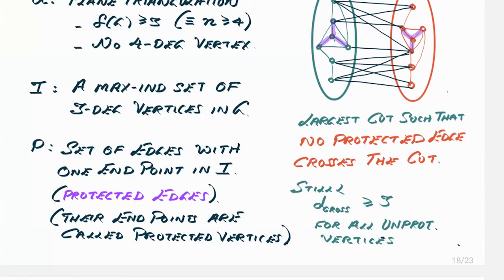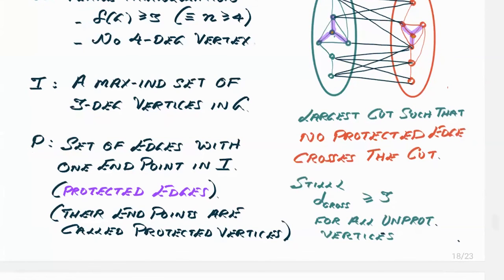Since that vertex is not incident on any protected edge, this shifting is legal. The shifting is not going to make any protected edge cross the cut. So this is still okay for all the unprotected vertices. We have the earlier claim. Now we mimic the same process that we did earlier.